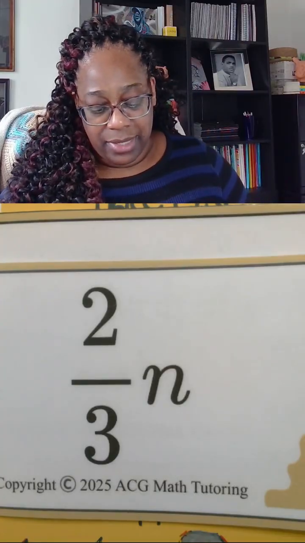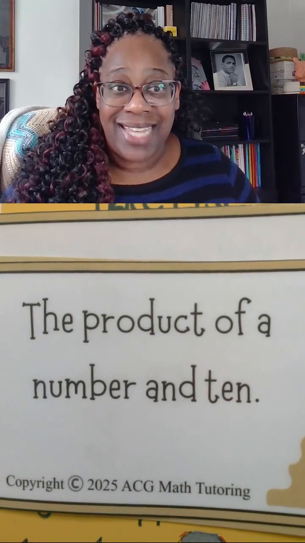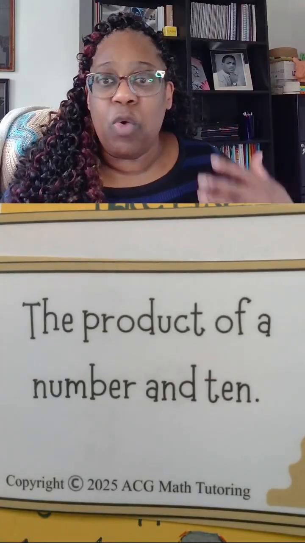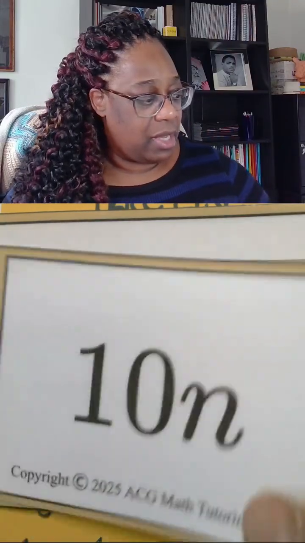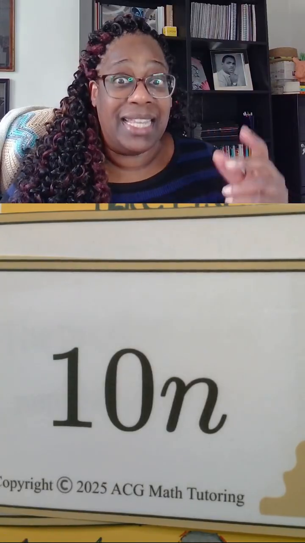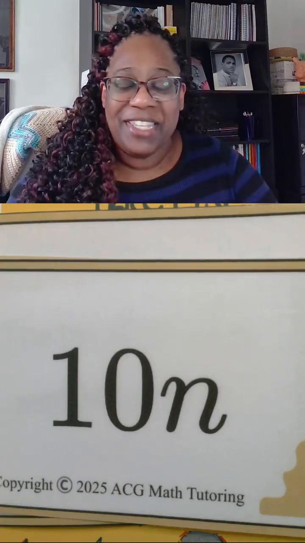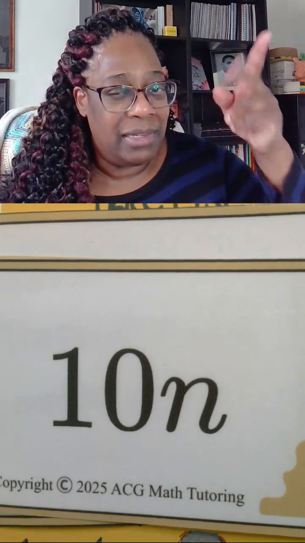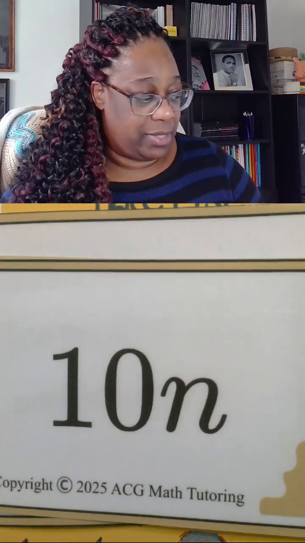What does the product of a number and 10 mean? You always see this stuff in word problems and you have no idea what it is. Well, that's 10 times n. I'm using the letter n for all of these, so you can't mix it up. That's what I'm doing with these.